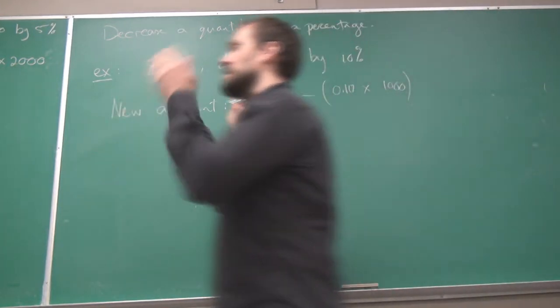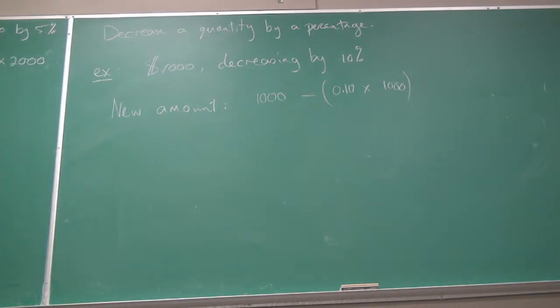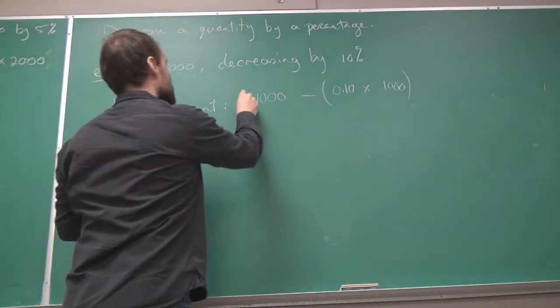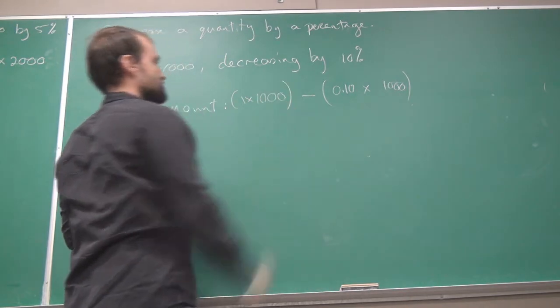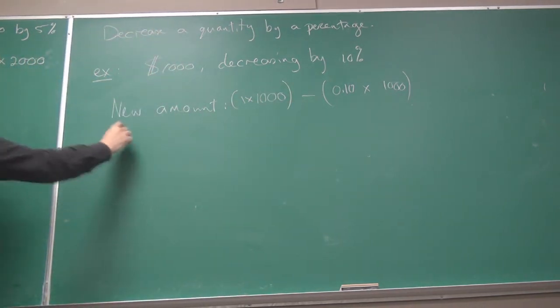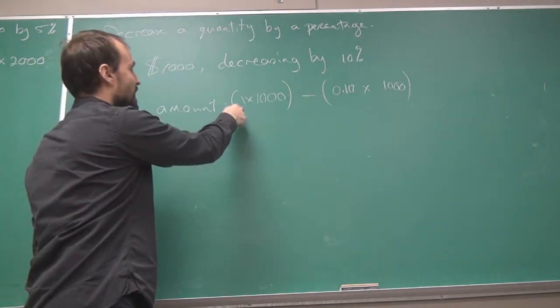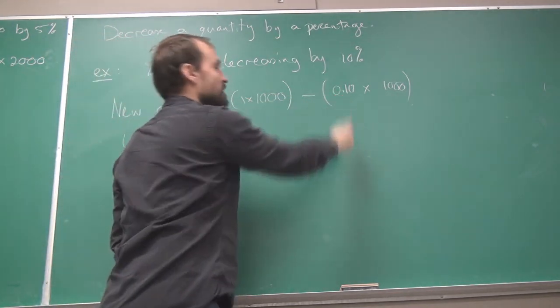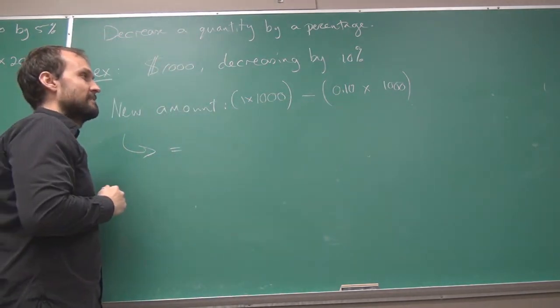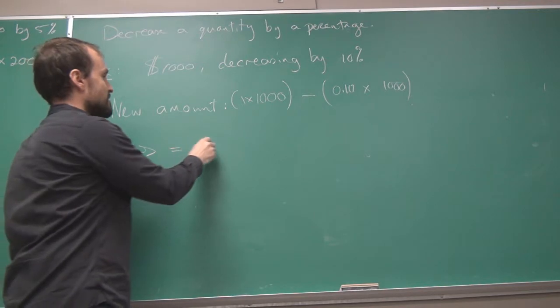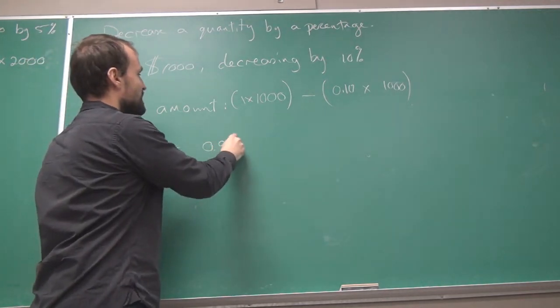The brackets just help me focus on the sections of the calculation. I have one of my original amount. So my new amount, I have 1. I take away 0.1. How much do I have left? 0.9. I'll write 0.90.